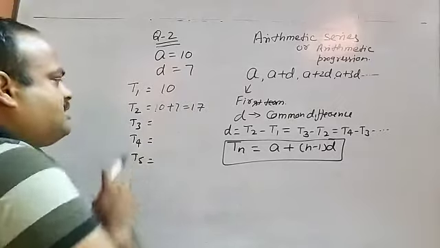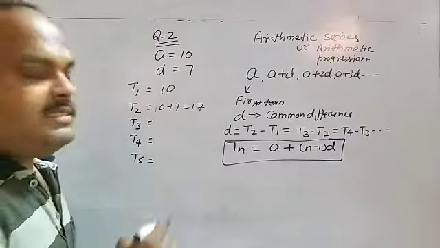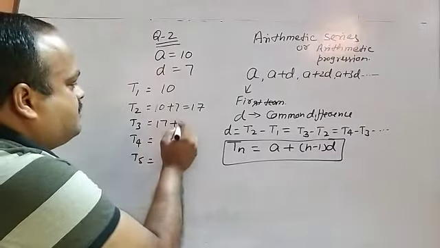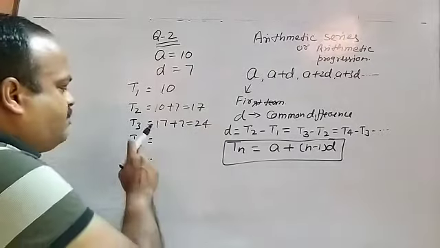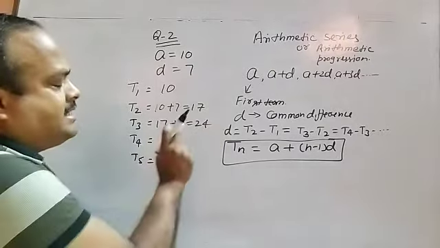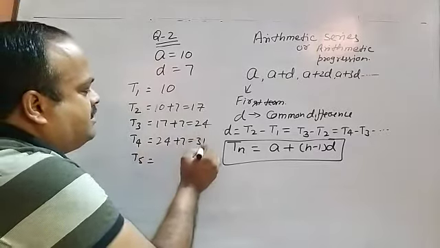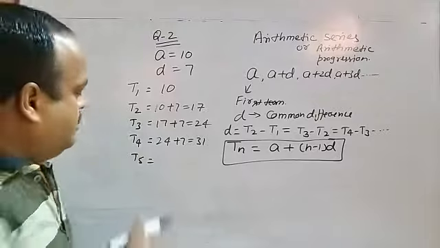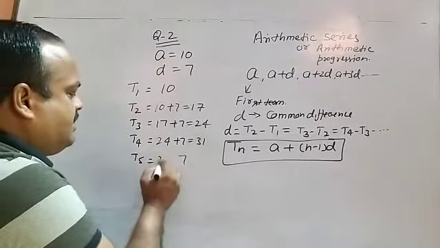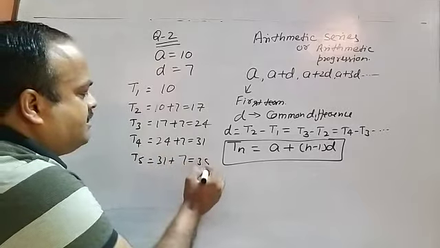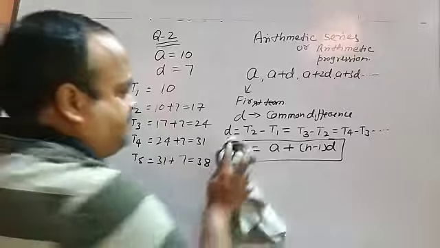To get the third term, you can add 7 to this 17, which comes as 24. To get the fourth term, you can add 7 to this 24. 24 plus 7, 31. To get the fifth term, you can add 7 to this 31. 31 plus 7, 38. This is the shortcut used by me.